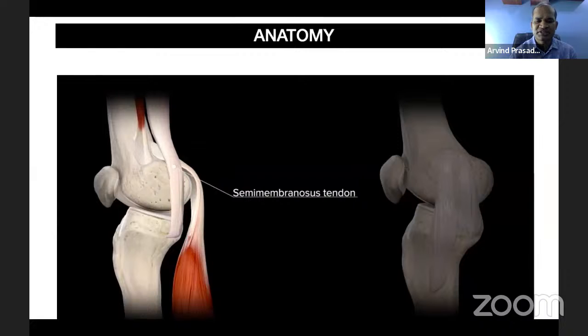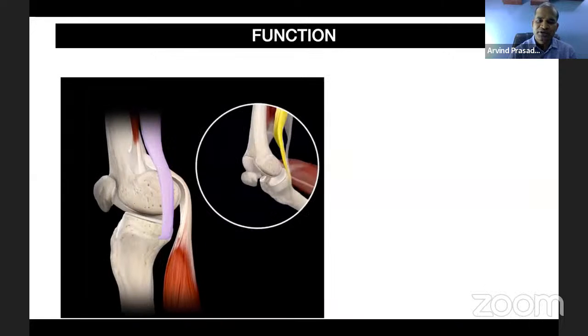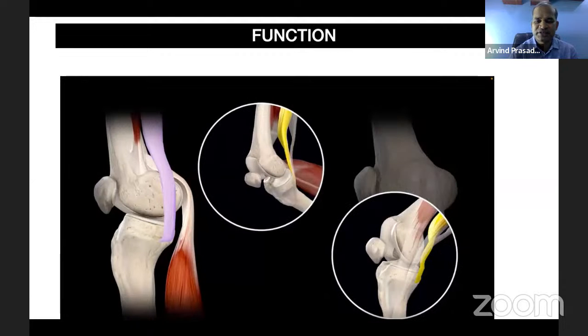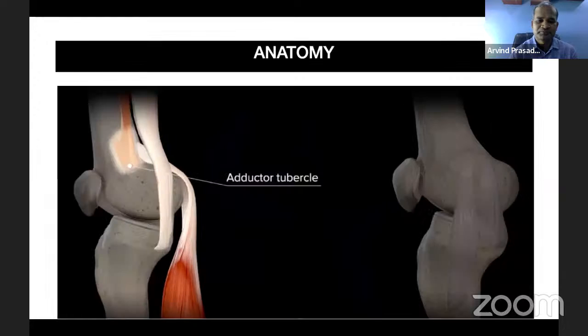Of all these, the semimembranosus is the most important one, which attaches over the posteromedial aspect of the tibia. Along with being a valgus secondary stabilizer, it acts in knee flexion, as well as in internal rotation of the tibia.